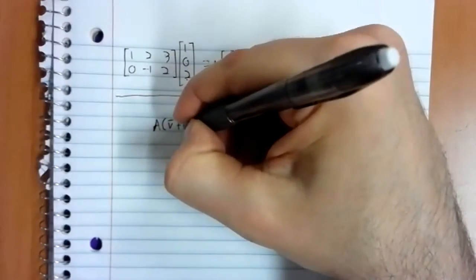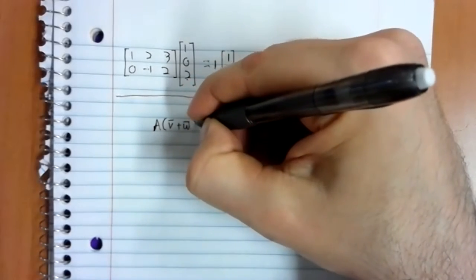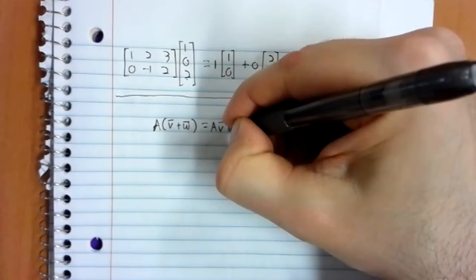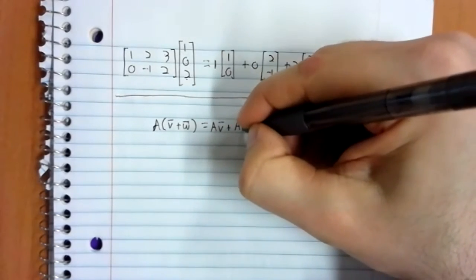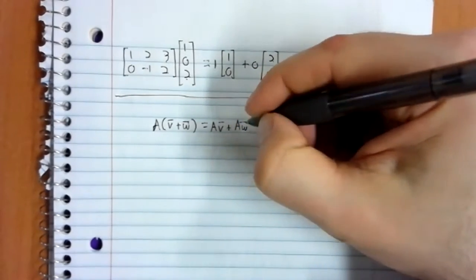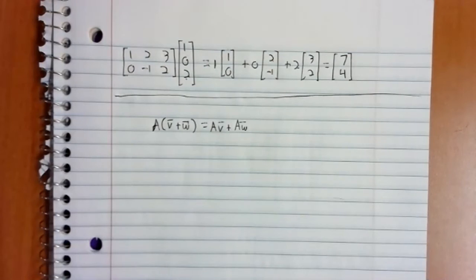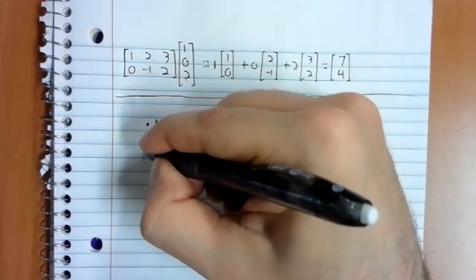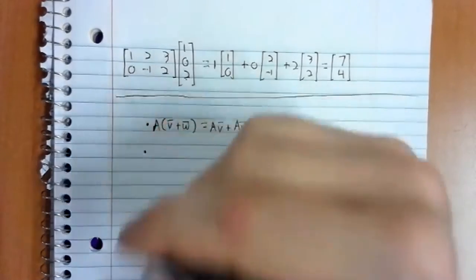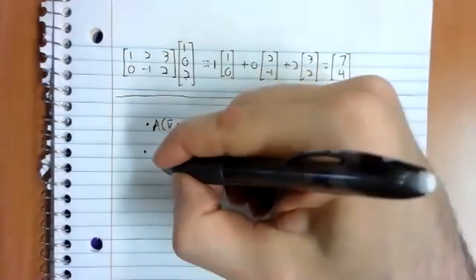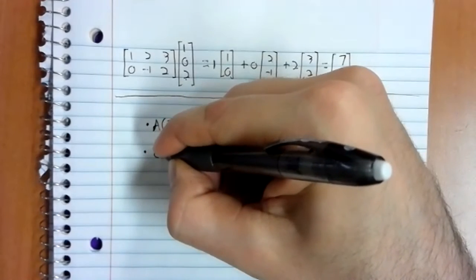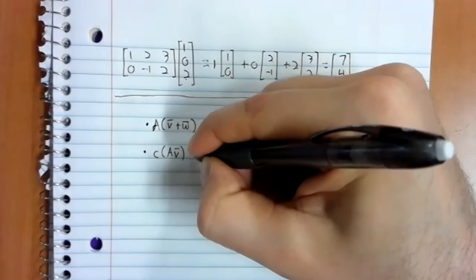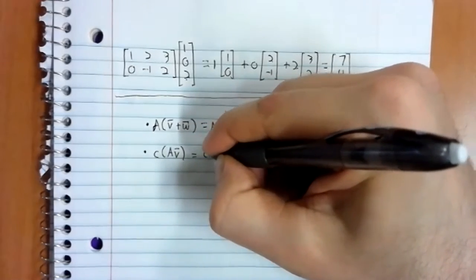In particular, it distributes over addition. It can't be commutative because V times A isn't even defined, but we can move scalars around the way we would expect.